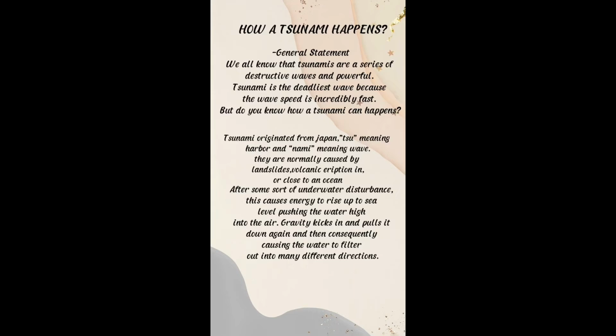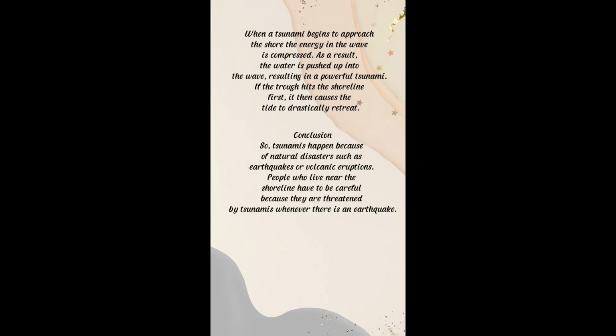After some sort of underwater disturbance, this causes energy to rise up to sea level, pushing the water high into the air. Gravity kicks in and pulls it down again, and then consequently causing the water to filter out into many different directions. When a tsunami begins to approach the shore, the energy in the wave is compressed.